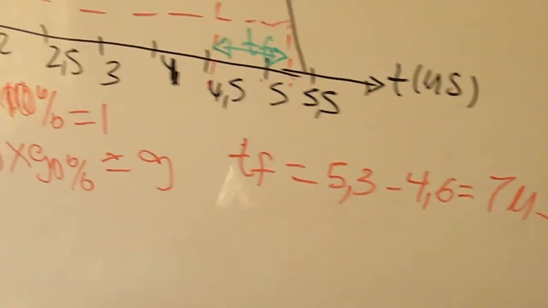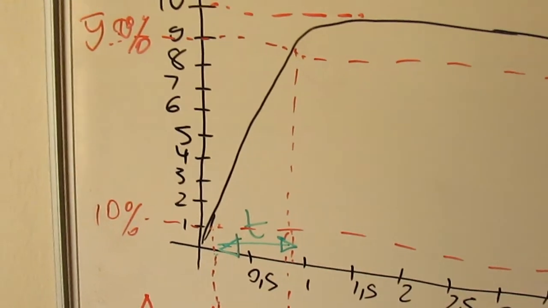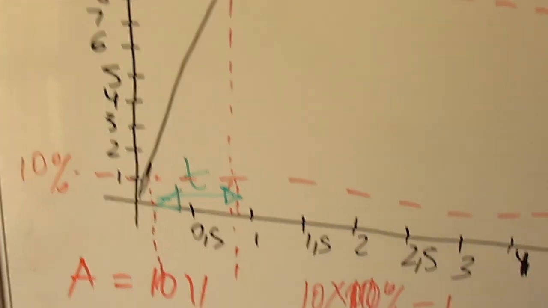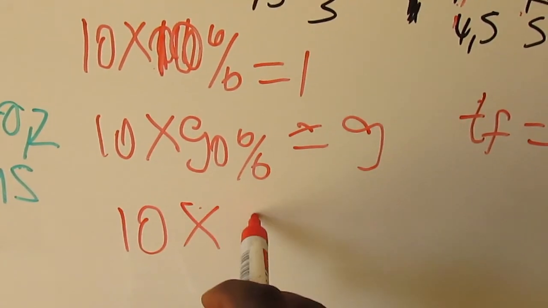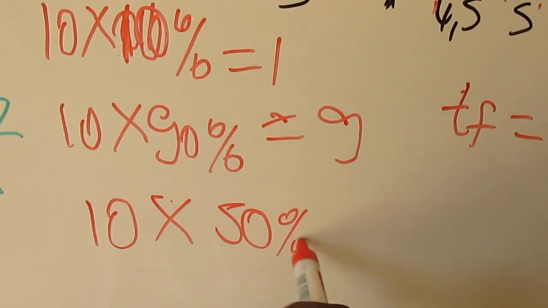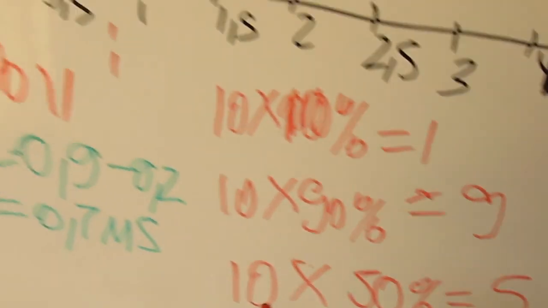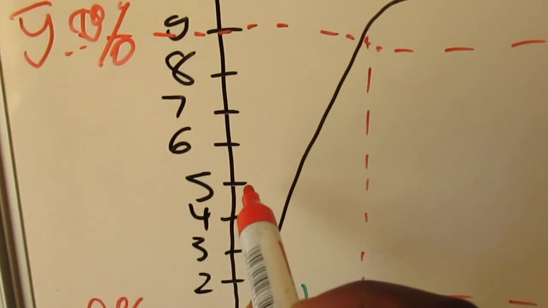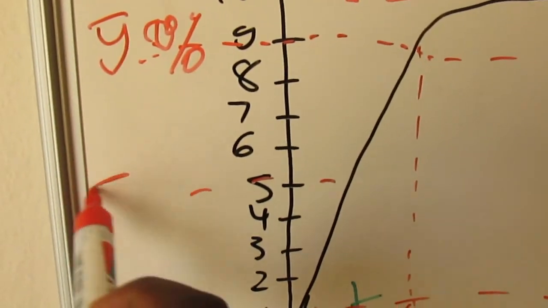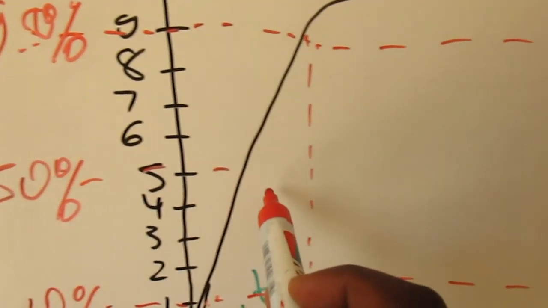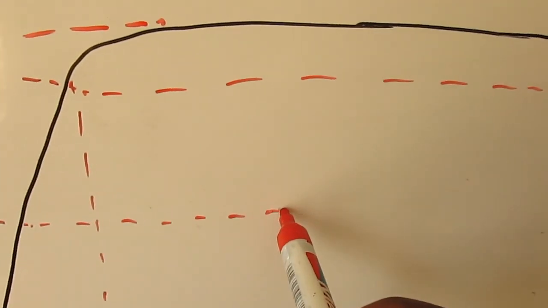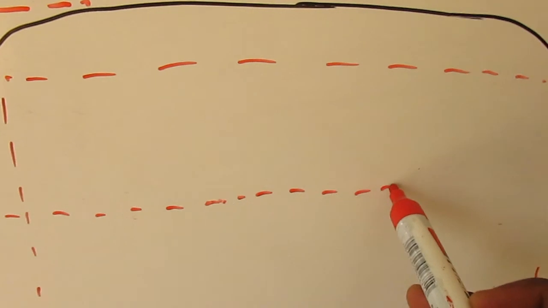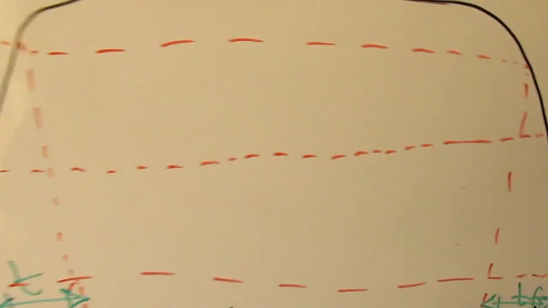Okay, but when it comes to the pulse width, first of all we have to check what is 50% of our amplitude, and you can see it's 5. So we go to the graph, you check, this is 50% of our non-ideal waveform, okay, and now we have the 50-50.